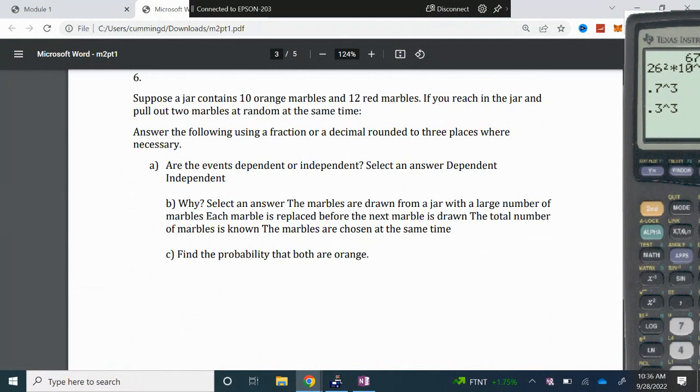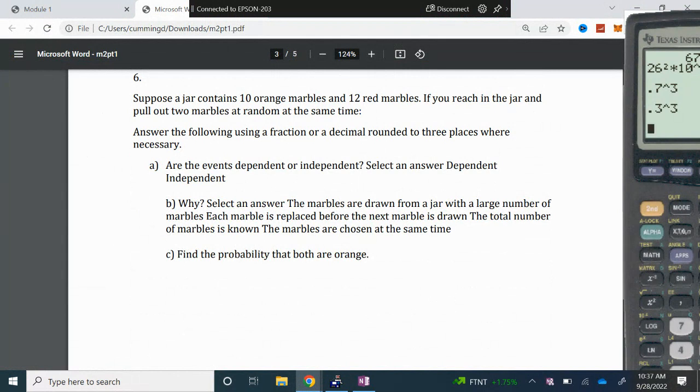A says, are the events dependent or independent? B says, why? And C says, find the probability that both of the marbles are orange marbles.